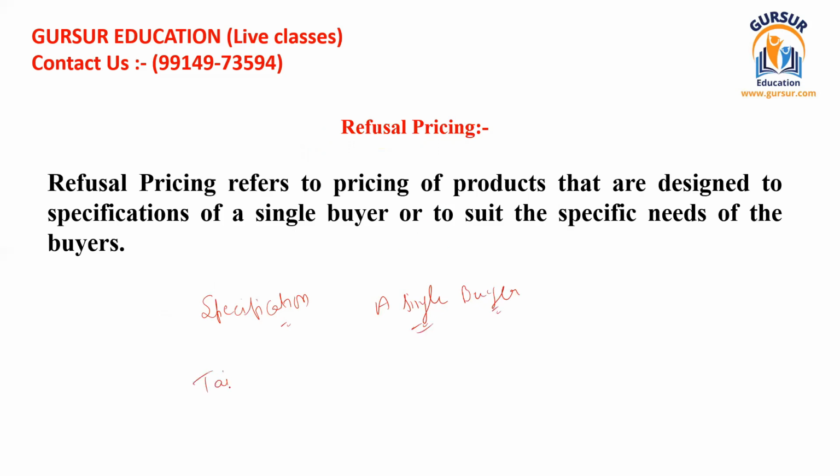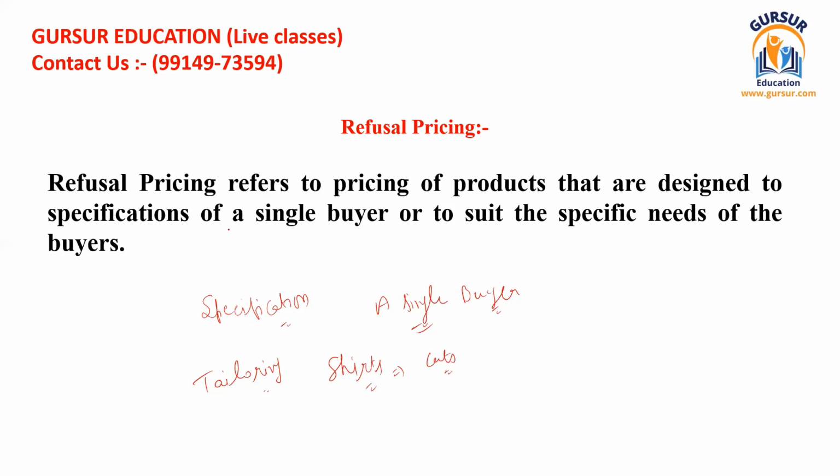It happens in the case of tailoring businesses. Sometimes you wish that there should be additional pockets in your kurtas or your shirts or pants, or that it should have a specific design, some specific cuts and different things.